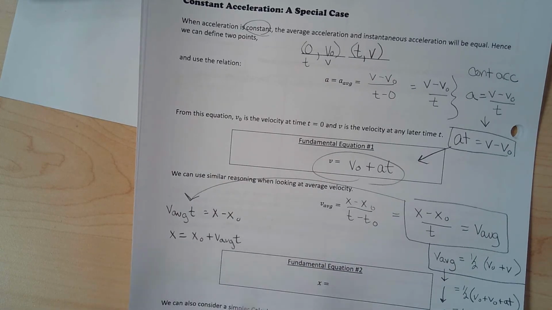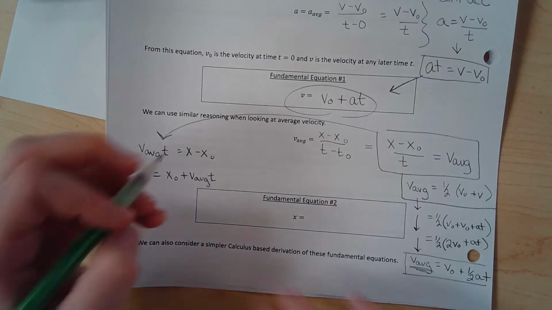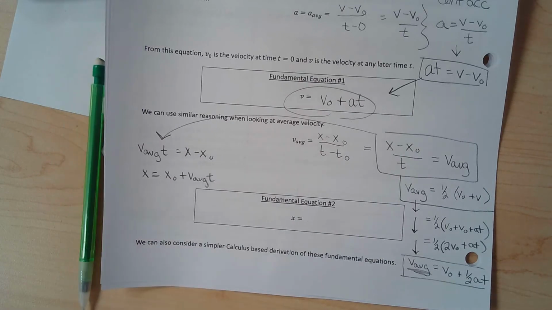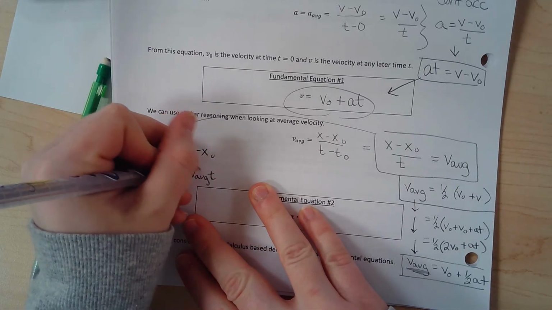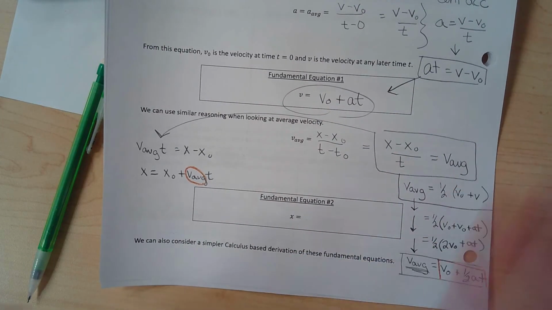Now what I can do is, over here I have this average velocity, right? So you see this average velocity that I'm going to color with this crayon? This average velocity is going to get replaced with this stuff here.